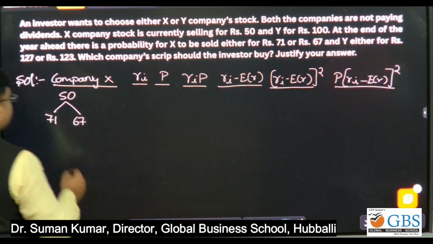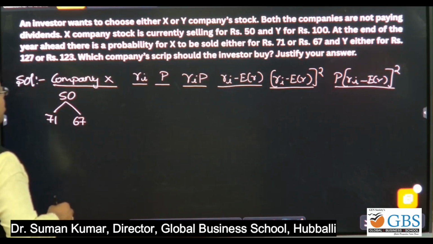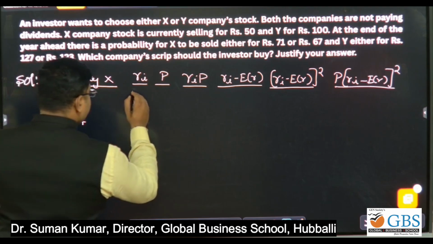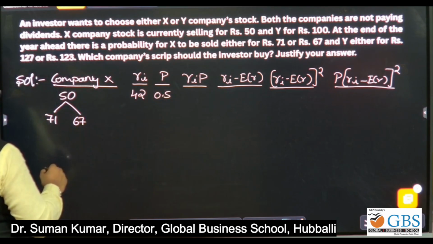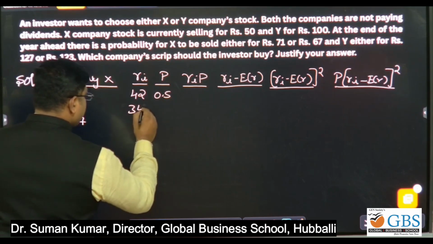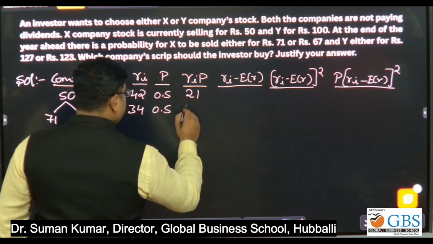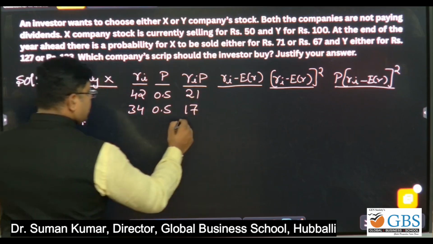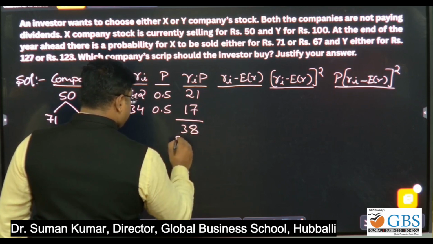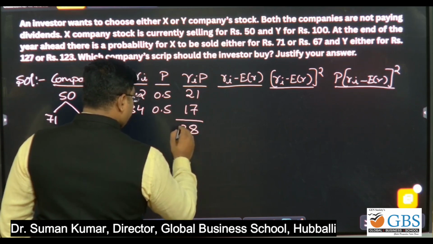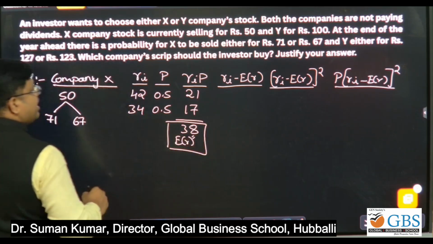So the return for this is 21 divided by 50 into 100, that is 42, 0.5, then 34. Then 21, 17, that gives us 38. So this is E of R. E of R is equal to 38.